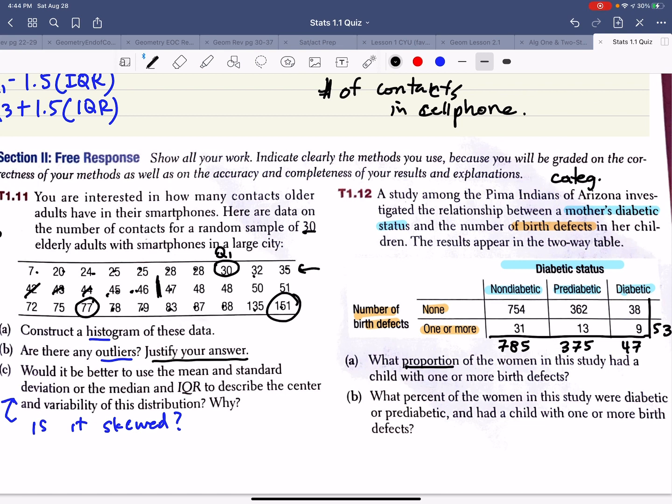All right, let's get our grand totals. We get 1,207.